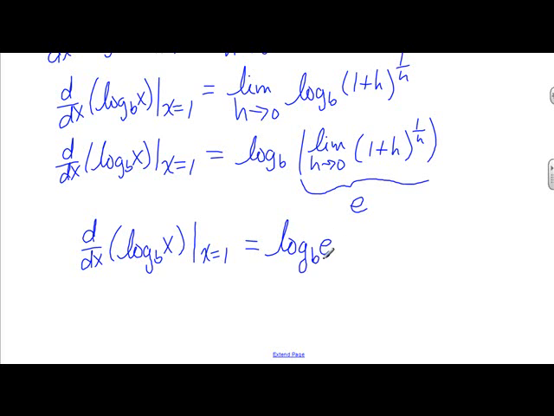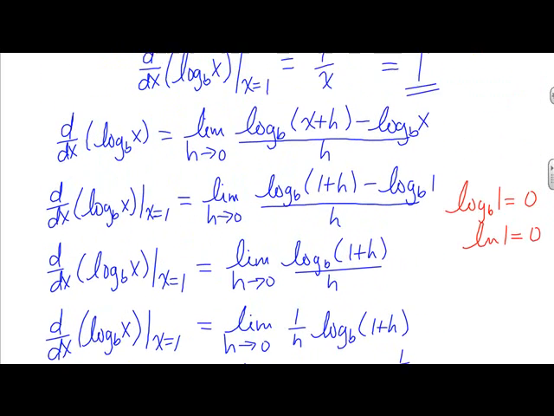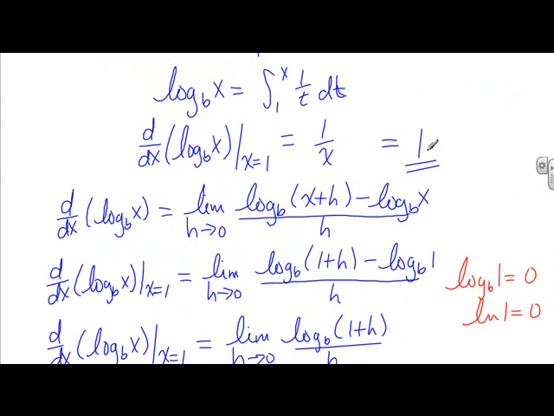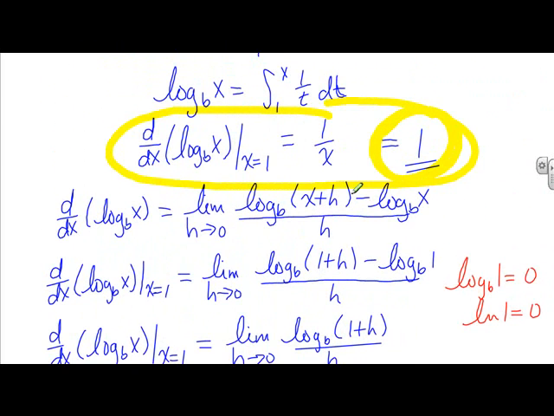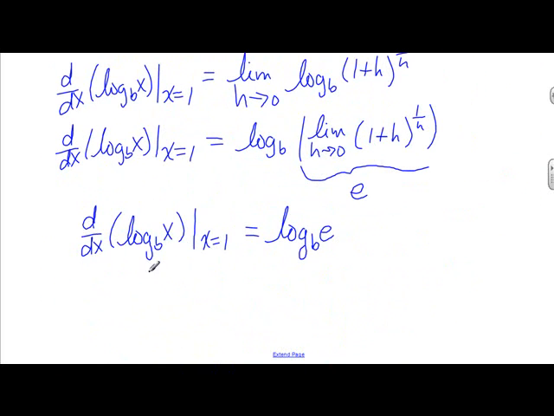Now, back to one of the things that we said at the beginning: the derivative of log base b of x at x equal 1 is equal to 1. So I can replace the left side of my equation with a 1. So 1 is equal to log base b of e.